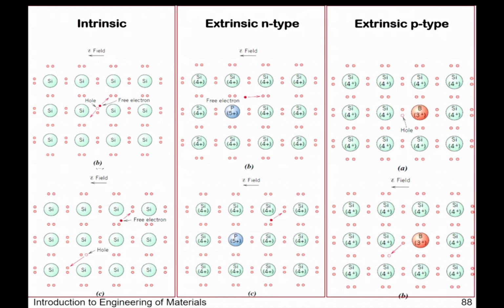Here's a summary of all of them, where you can have an intrinsic semiconductor. Here you have excitation and the electrons can move freely, and then you leave behind a hole that's right here. So what happens when these things migrate?